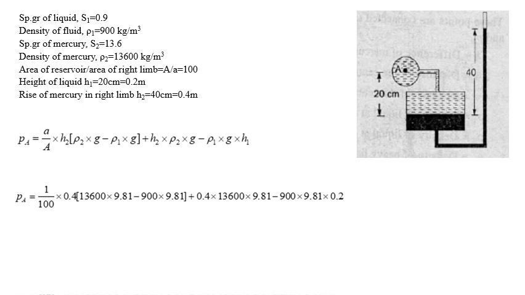Then height of H2, that is 0.4 into density of the mercury 13,600 multiplied with the 9.81 minus 900 into 9.81 into 0.2. So now P of A, that means the pressure at point A is equals to 52134 Newton per meter square or 5.21 Newton per centimeter square. So this is the solution for this single vertical column manometer.